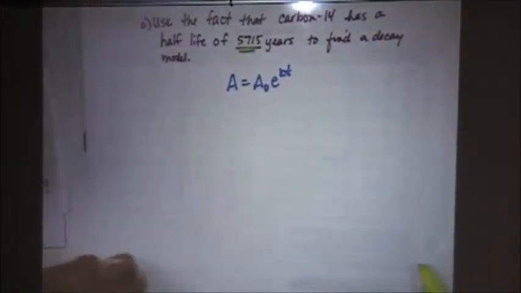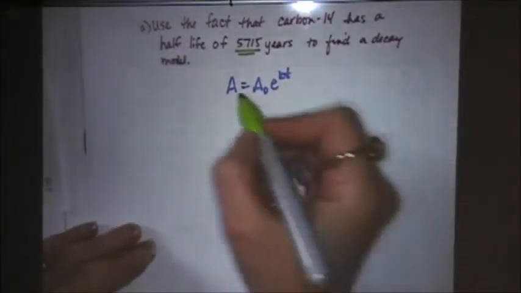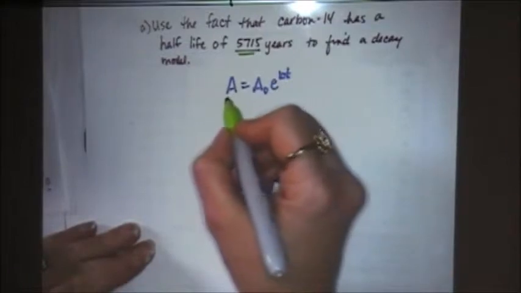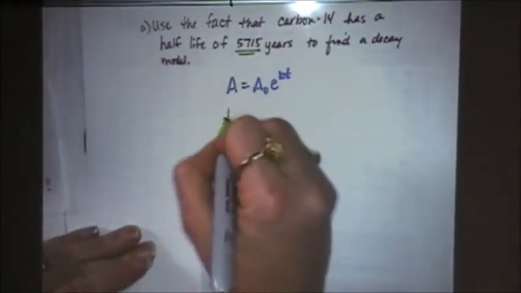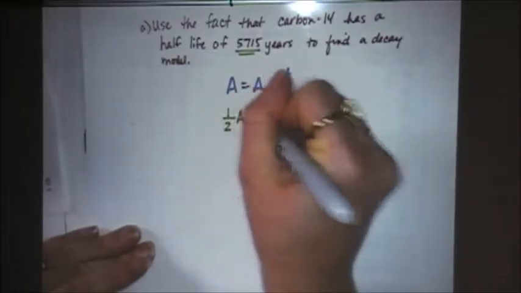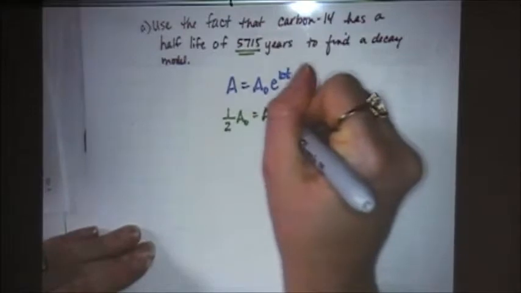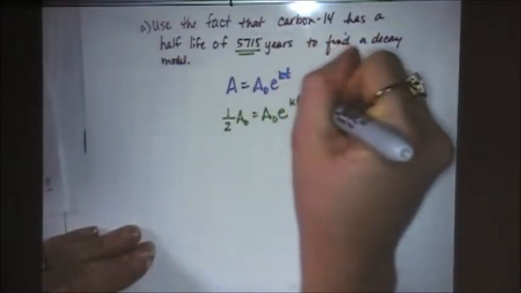However, they did say it would be a half-life, which means my A value is going to be half of my original. So instead of A, I'm going to plug in 1/2 of A-naught. And that needs to equal A-naught e to the k times 5,715.